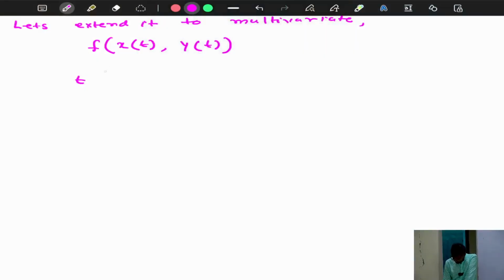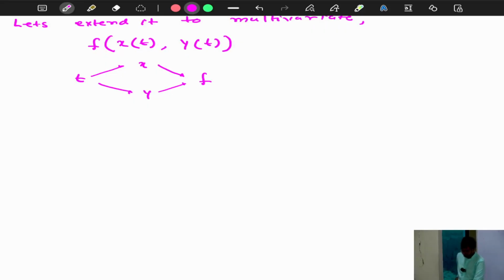Absolute parent is a term I am coining, but absolute parent means a parent that doesn't have any parent, right? T, right? So that is also known as the root node, by the way. The root node is a formal term. So T, right? From T, what will you calculate? X and Y. And from X and Y, you will calculate F. Okay. This computation graph is okay.